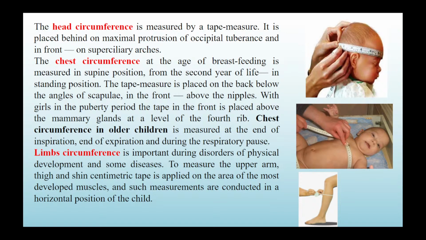The chest circumference at the age of breastfeeding is measured in supine position, from the second year of life in standing position. The tape measure is placed at the back below the angles of the scapulae, in the front above the nipples.